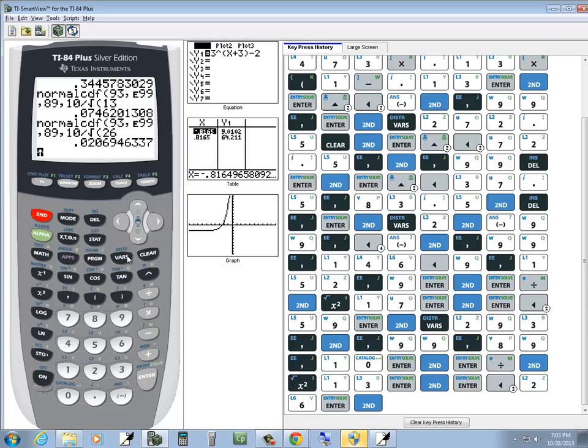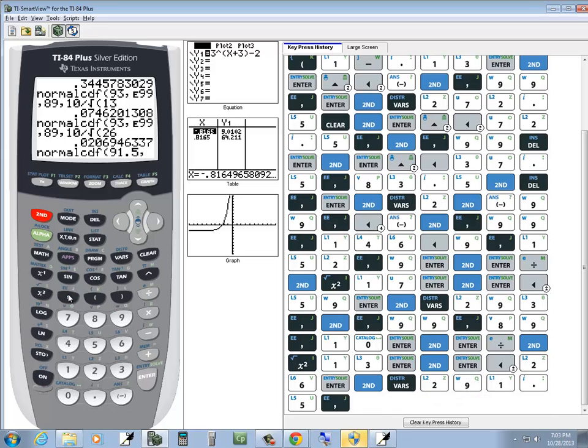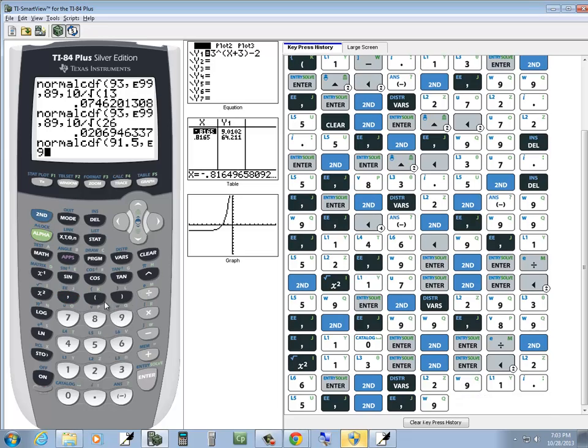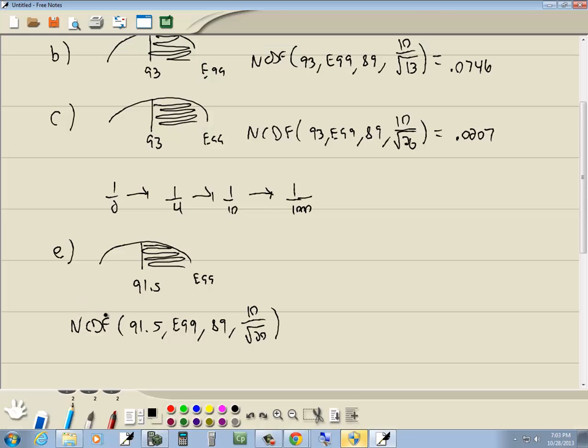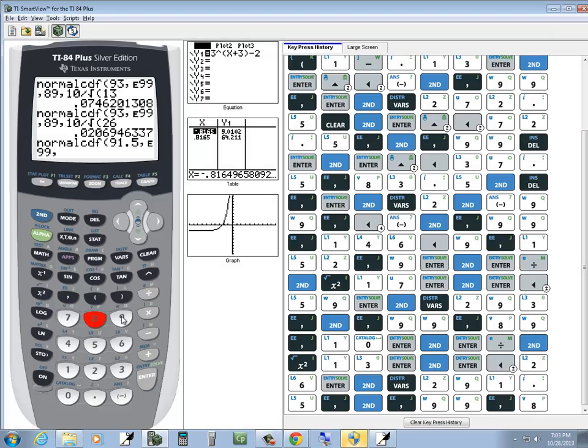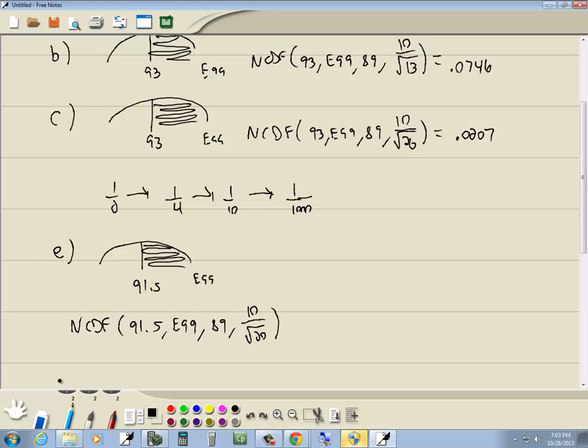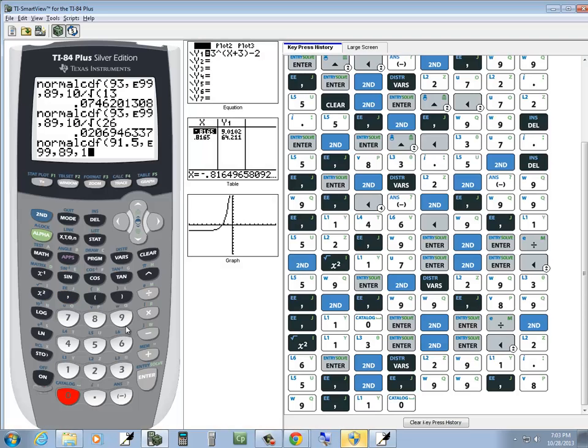So do second vars, choose normal CDF, 91.5, comma, second comma for the E, and then 99, comma, 89, comma, 10 divided by square root, so second x squared of 20.